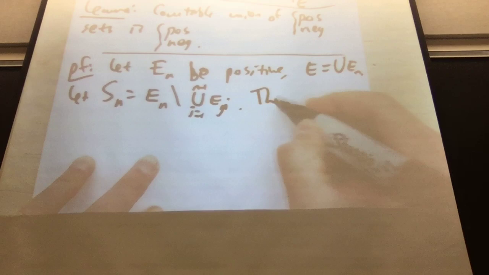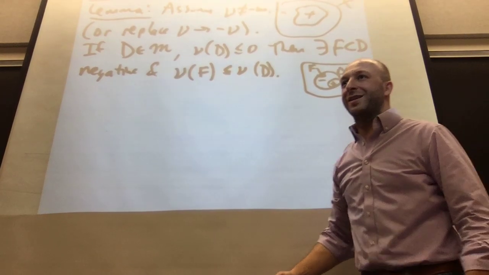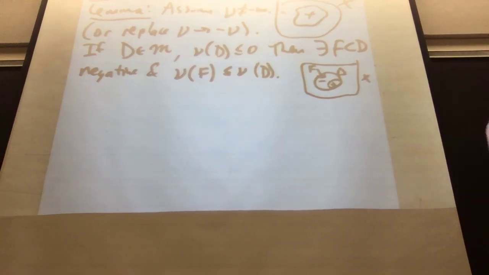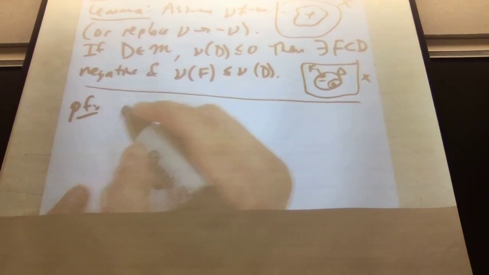Okay. Does that make sense? So I'm going to throw away anything that remotely resembles a positive set, positive measure subsets of D, and I'll be left with something that's totally negative, and that will not increase the nu measure of D. How could it increase the nu measure of D? Okay, that's what we want to prove.